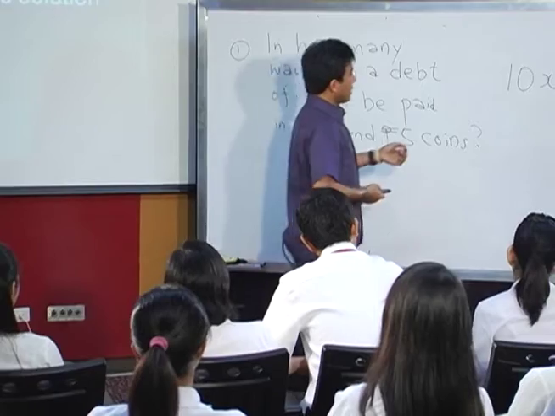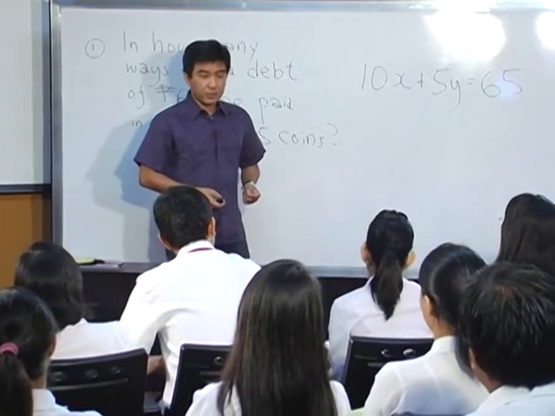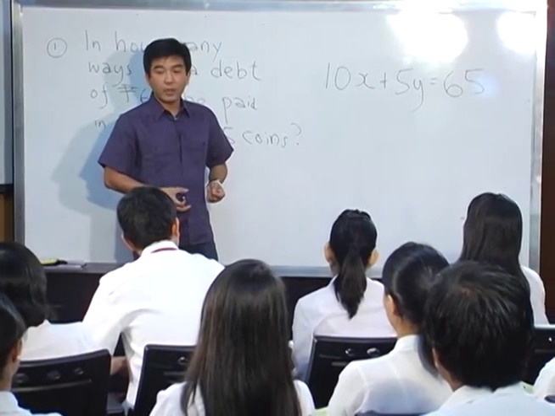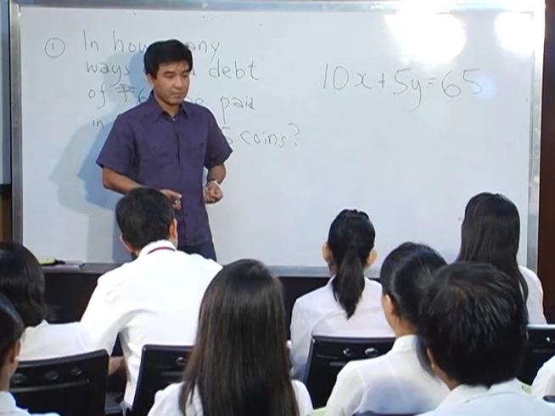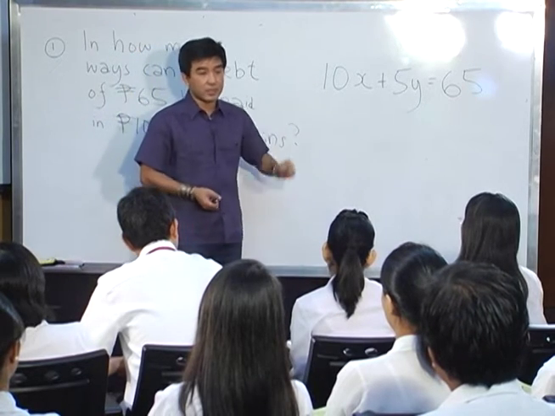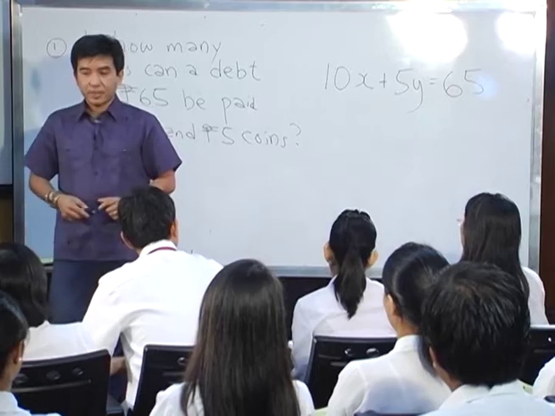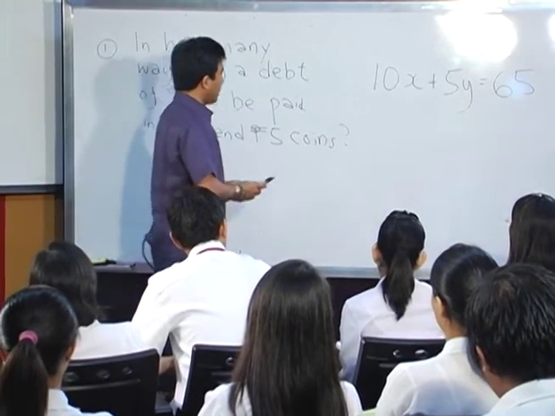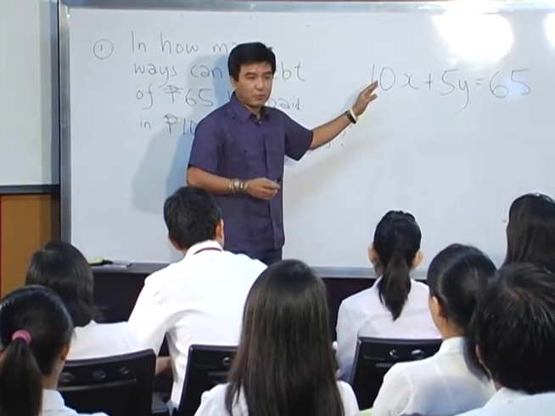Okay? If we do not require this to be integers, for example, if we allow x and y to be real numbers, then we have infinitely many. This is just the equation of a line, right? So think of the solutions like this.